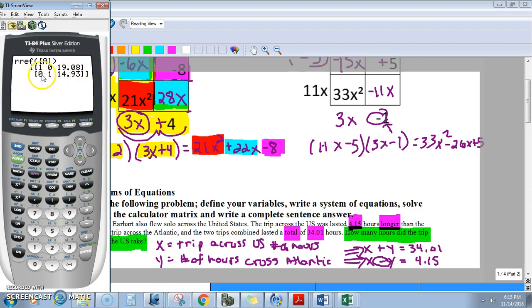And that was the answer. And then the bottom part of our matrix says 1 is in the y column on the bottom. So that means the trip across the Atlantic was 14.93 hours, which I think we got in class for that one too. Okay, so that's just the first page. I'm going to end this video and send it out, and then I will do a video of the second page.